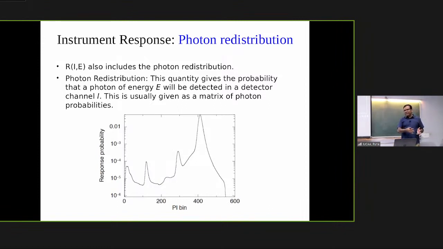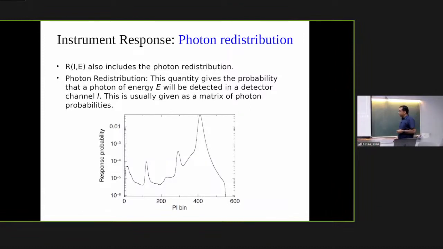If all those charges are actually collected, then we have the photon detected in the correct channel. But for some reason, some amount of charge is lost. Then the photon which is detected will fall in a channel which corresponds to a lower energy. And because of the atomic structure, you have some of these features.